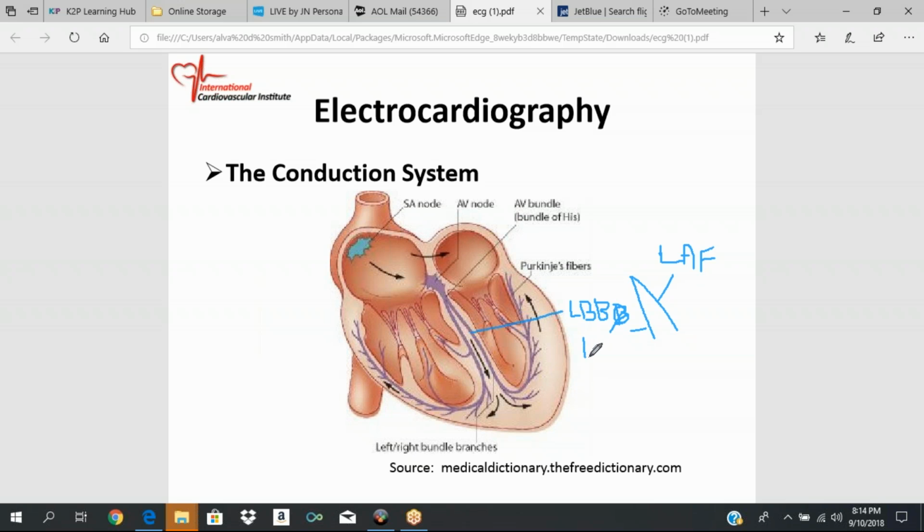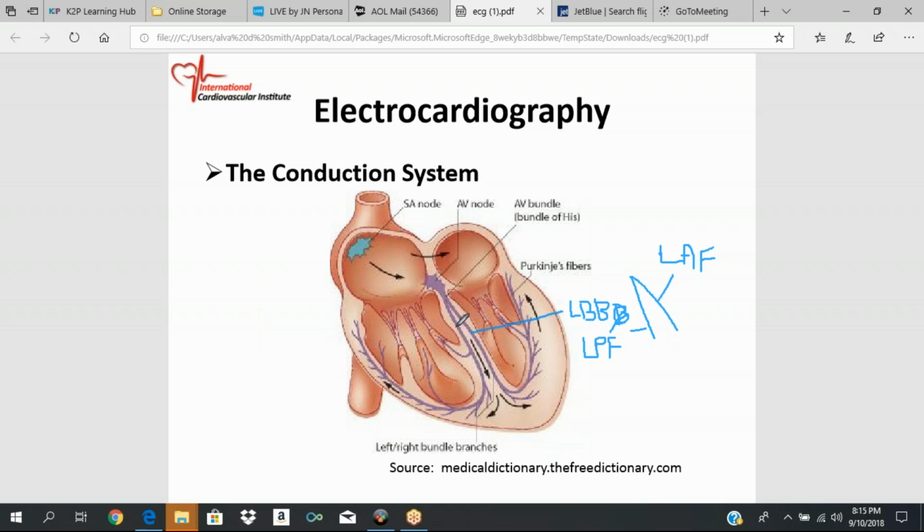So the left bundle divides into a left posterior fascicle. It's just saying that it splits. So your left bundle splits, and the right bundle basically remains the same.